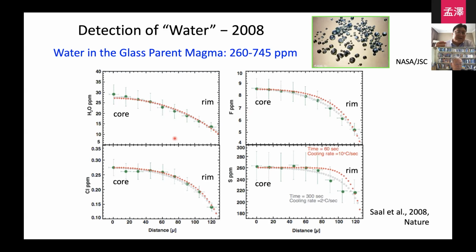So based on this evidence, they showed that these lunar glass beads contain water, and they further calculated the water content in the glass parent magmas.